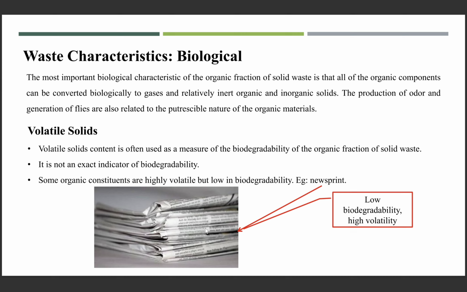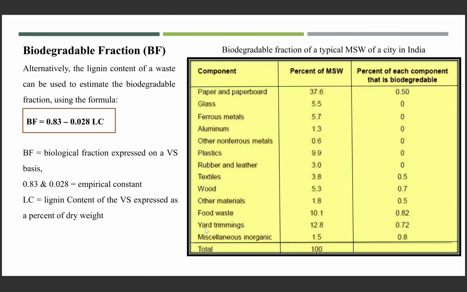There are two components: biodegradable and non-biodegradable. Only if it has biodegradable organic matter will it have very high biodegradability. High volatility doesn't mean that it will have very high biodegradability.